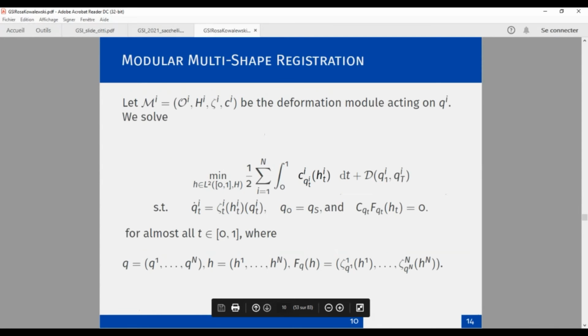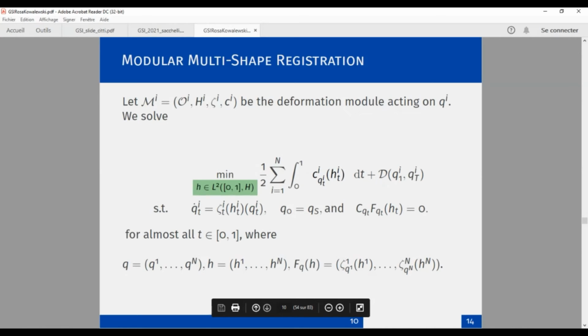So we use this as an inspiration and create a new problem where we use deformation modules and multi-shapes together in one problem. What we do is we define one deformation module for each subshape. And now we minimize over the set of all control variables instead of the vector fields.